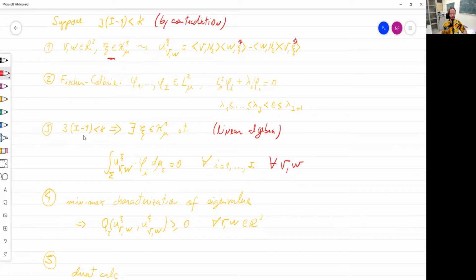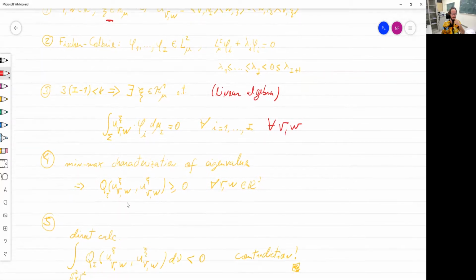K is larger than this number, such that this is equal to 0 for all eigenfunctions. So by the min-max characterization, given Fisher-Colbury's result, the second variation has to be positive, because it's L2 perpendicular to all of the eigenfunctions corresponding to negative eigenvalues.